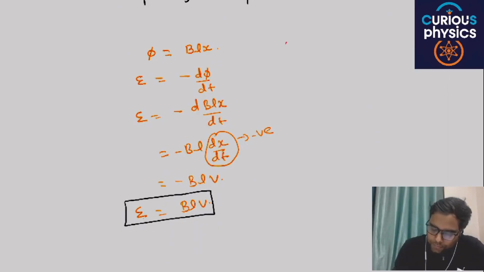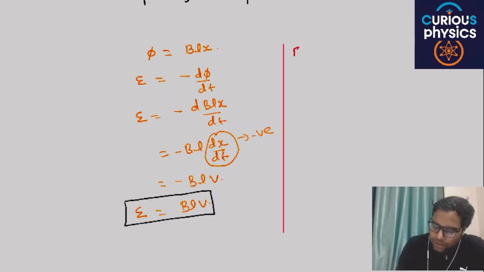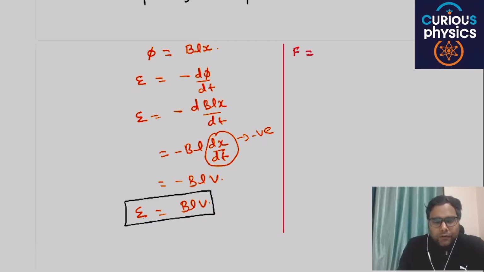In your books the second method was also given. Let's say a charge Q is passing through this particular PQ wire. Then what will be the force? Force will be QVB, and since V and B are at a 90-degree angle, you can directly write QVB, because sin 90 is 1.